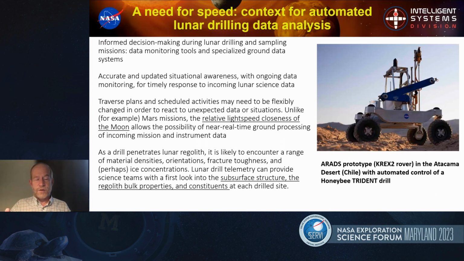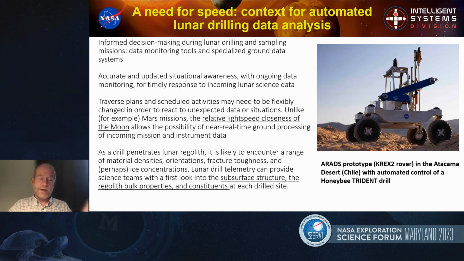So we might need to react to unexpected data or situations. Let's say we have a Viper traverse and we hit something particularly interesting and it's identified in terms of volatiles or something unexpected, that might cause the science team at that point to wish to devote more time and attention, and they may want to replan in that case.